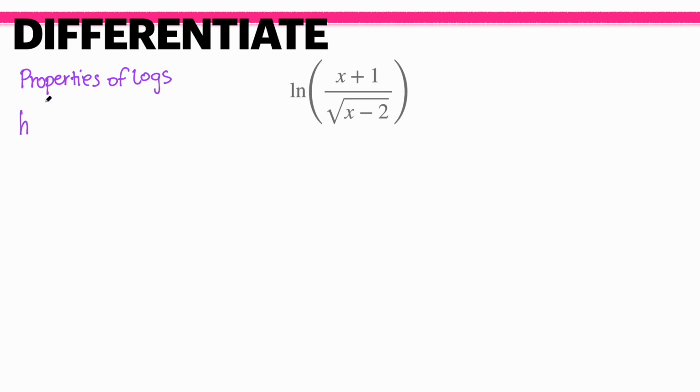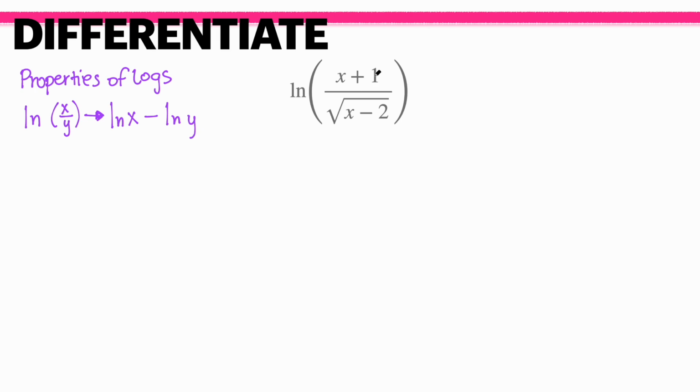If I have the natural log of a function divided by a function, then there is a property that states that I can break it up as the natural log in the numerator minus the natural log of the denominator. So I actually can break it up into 2 logs.